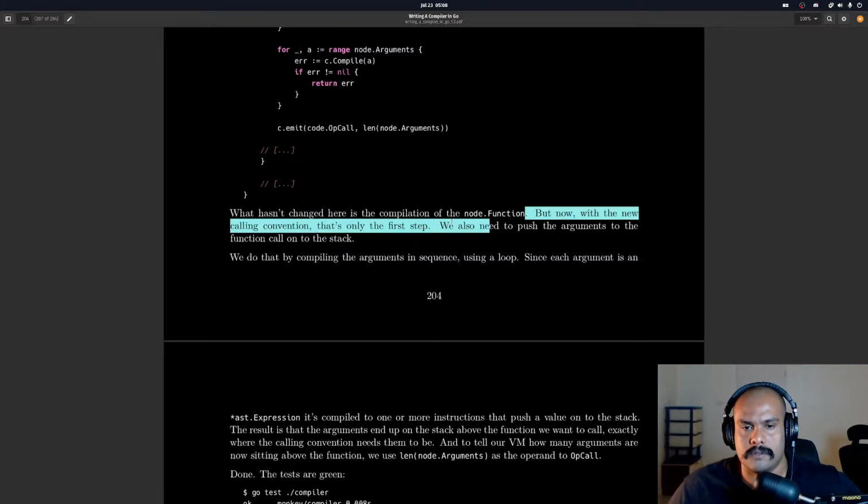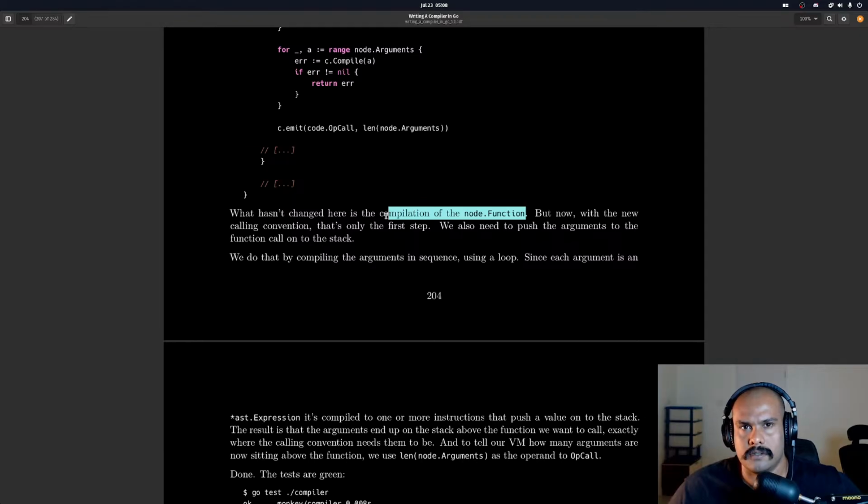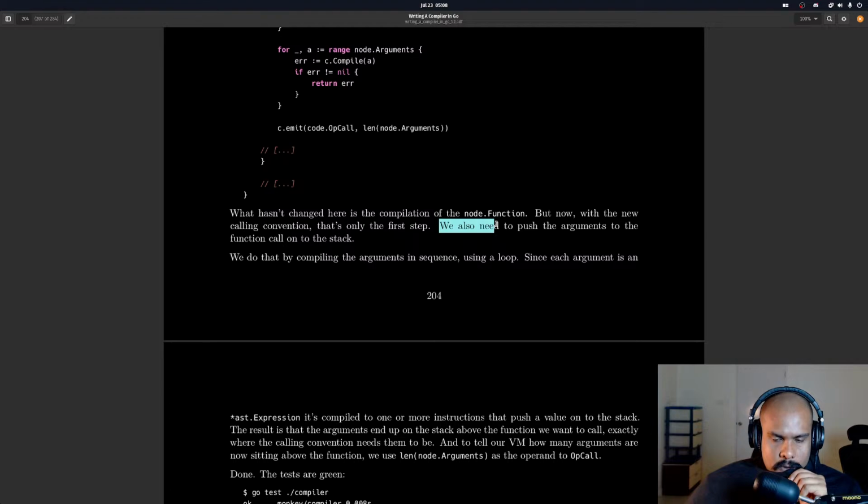Yep, because the function does need to change too. We also need to push the arguments to the function call onto the stack, so we need OpConstants.